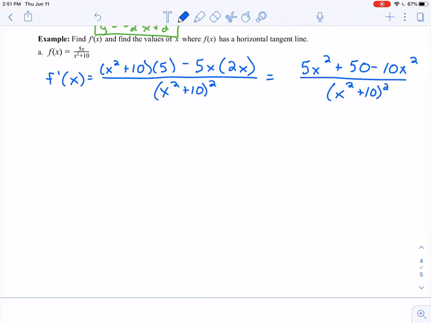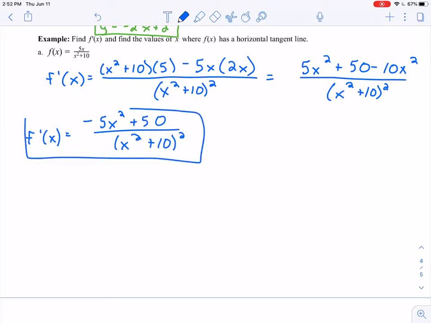We can combine our like terms, so our derivative f prime of x is negative 5x squared plus 50 divided by x squared plus 10 quantity squared. So there's the first part of my answer. There is my derivative.